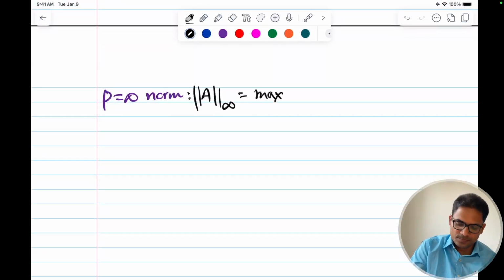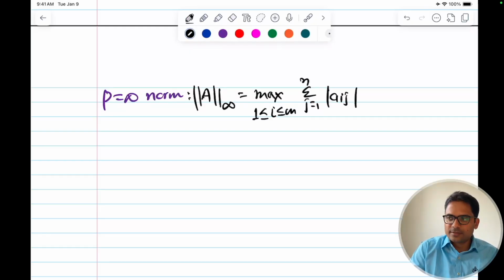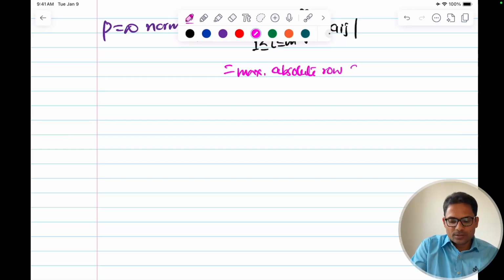Now this is the other way around. I, 1 less than or equal to i less than or equal to m, and then I'll go from j equal to 1 to n. I'll sum, then take the absolute value of Aij, and this will give me the max absolute row sum.